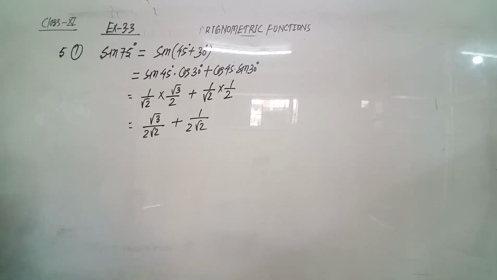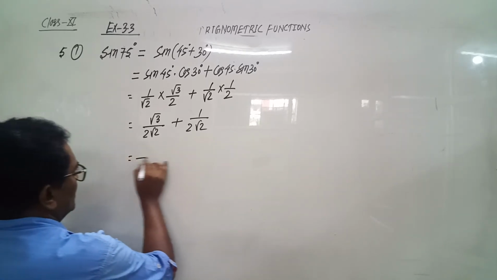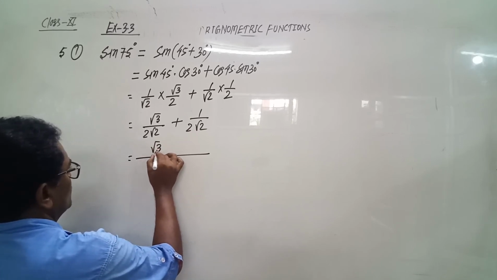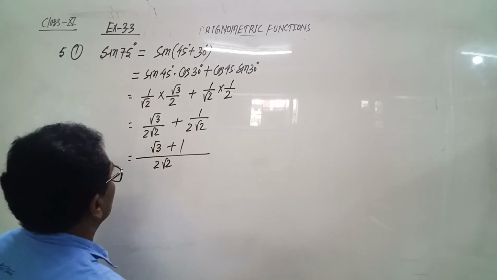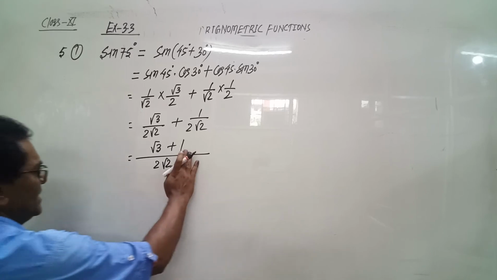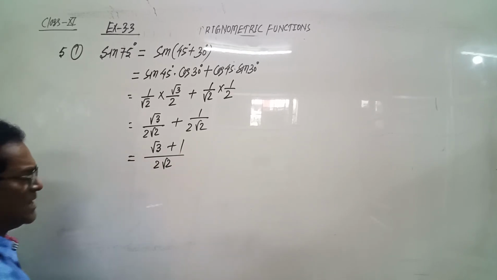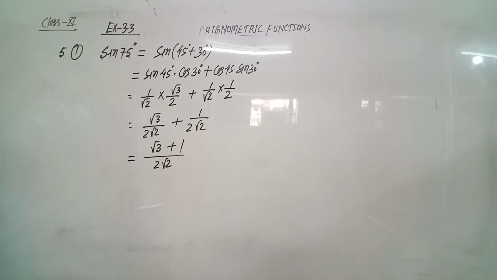Then we take the LCM. So LCM 2 root 2, and it comes root 3 plus 1. So the value of sin 75 degree is (root 3 plus 1) upon 2 root 2.